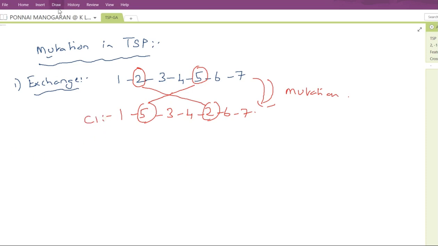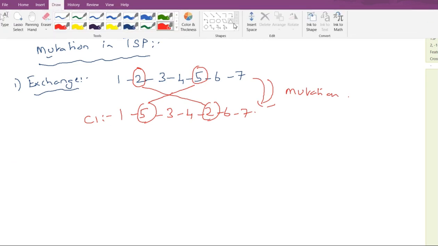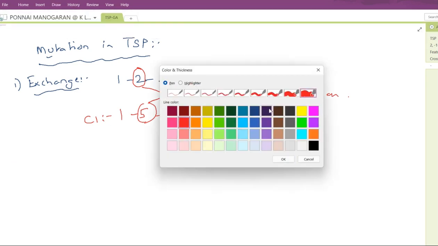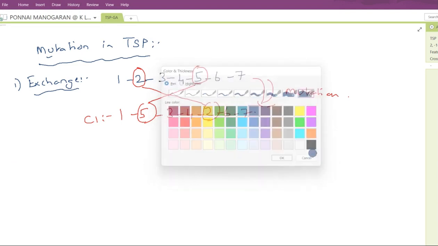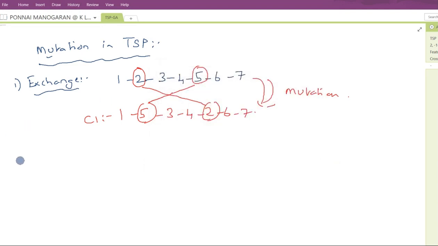Similarly, you can have another type of mutation operator, insertion. Let us take 1 2 3 4 5 6 7.